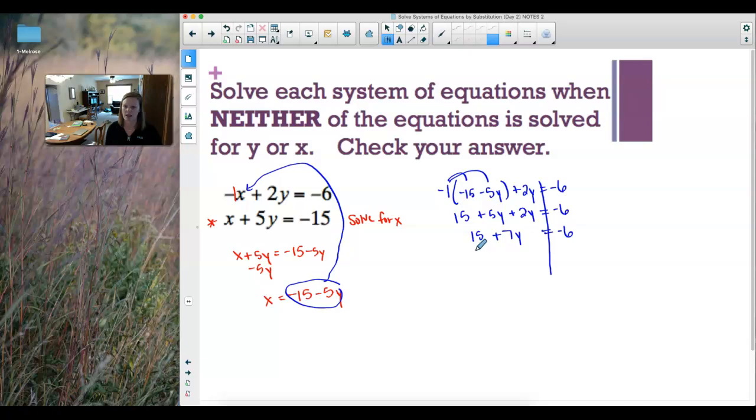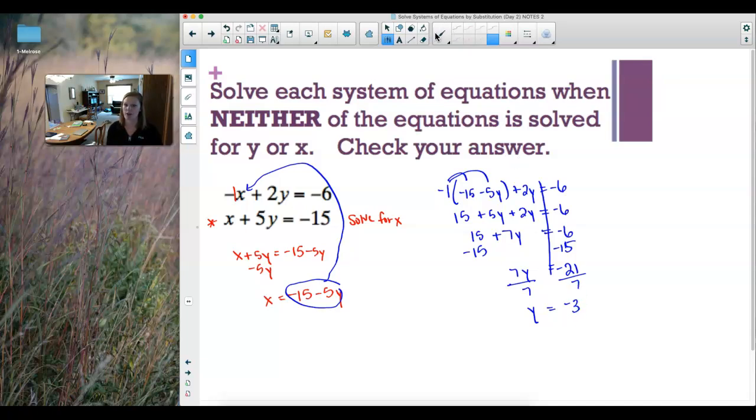Okay, and then we can subtract 15 from both sides. So we have 7y equals negative 21, and divide by 7. So you end up with y equals negative 3.